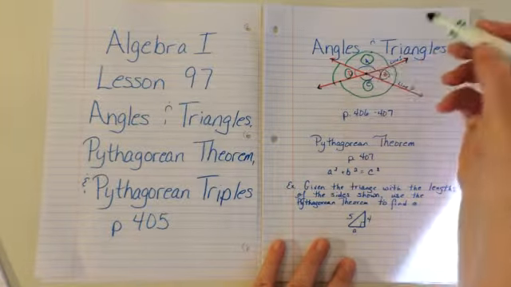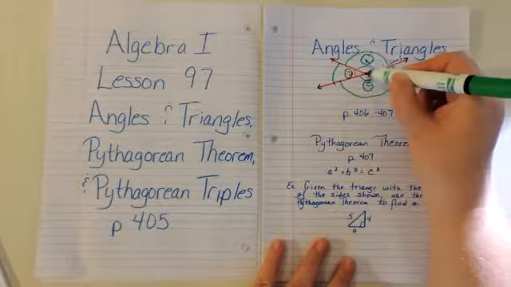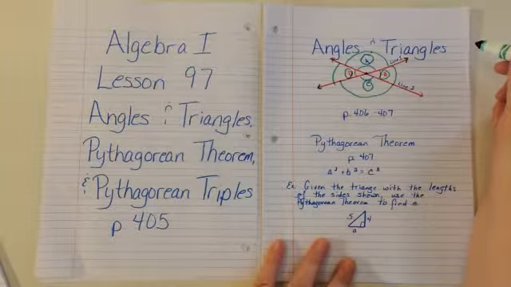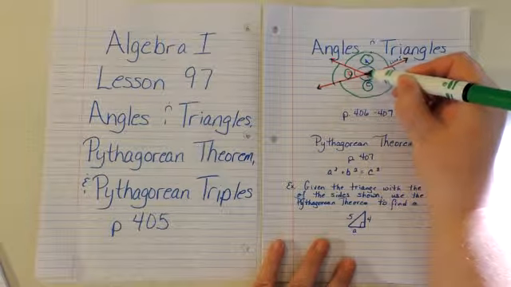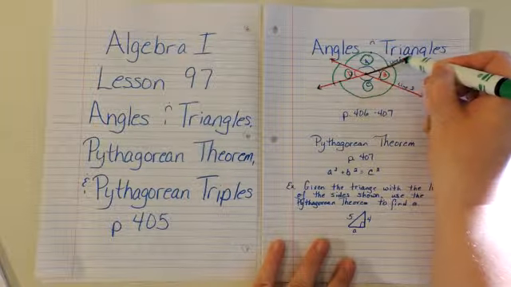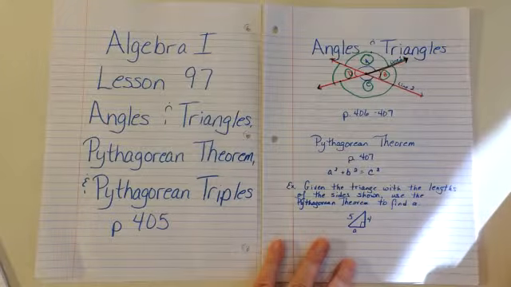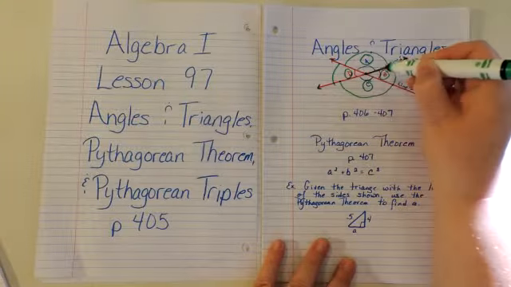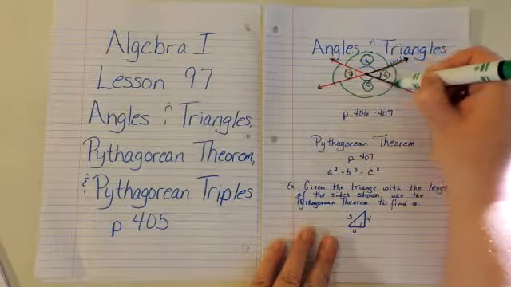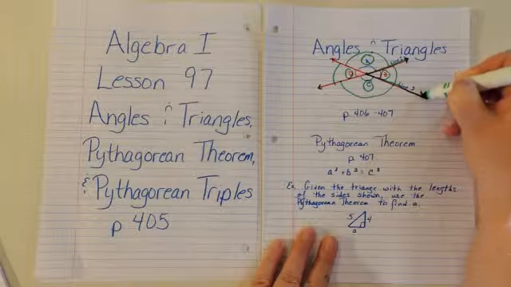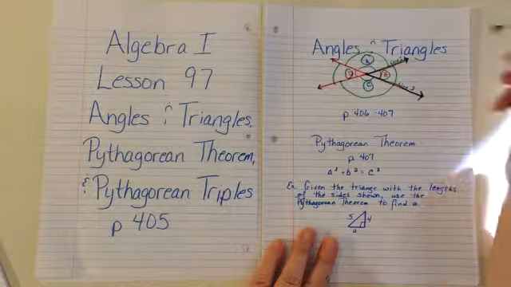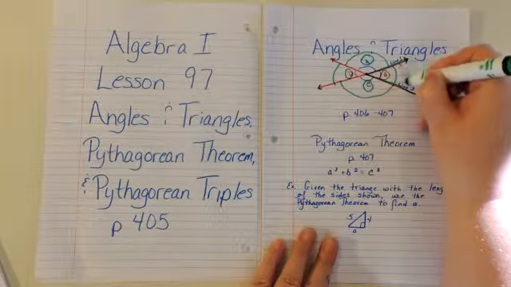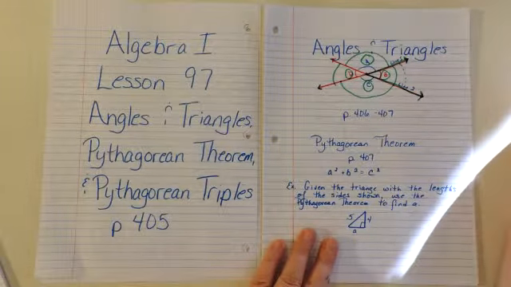So a ray has an endpoint, and then from the endpoint it travels in one direction through points on the same plane. So this is a ray. And from the same endpoint, this is a ray. And these two rays that meet at the same endpoint make this angle.